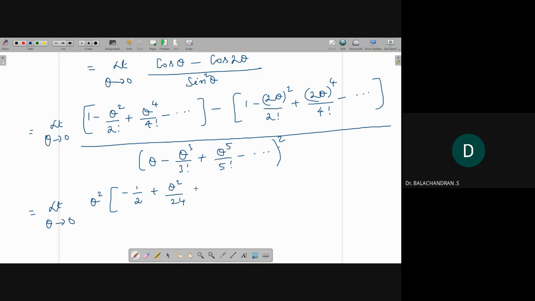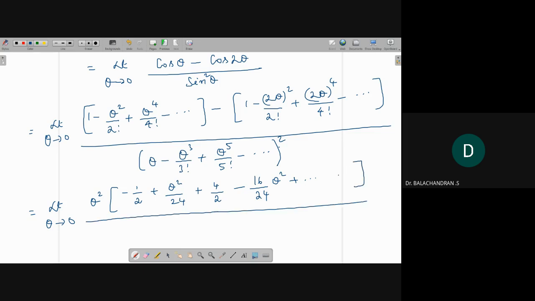And then here, 4 theta square by 2 factorial is 2, so totally 2. Minus 2 power 4, 16, minus into minus is plus, minus 16 by 4 factorial, 24, and the remaining is theta square plus higher powers of theta.